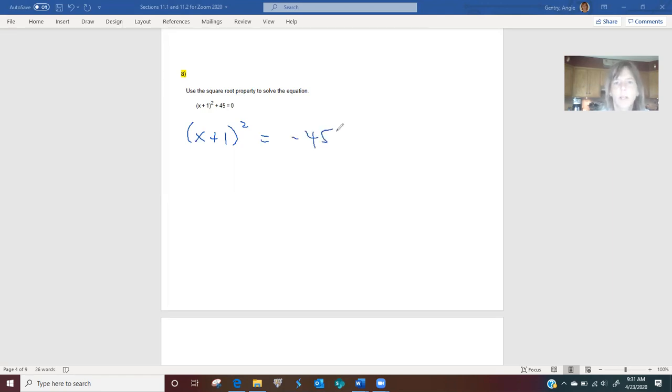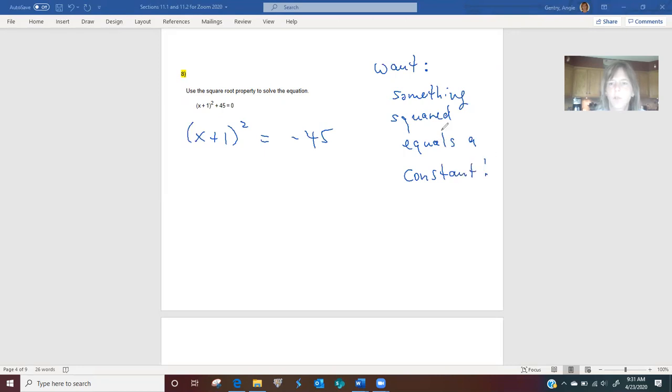That's your goal, okay? Something squared equals a constant. So this is what you want. I don't want you to always think as x squared. It's something squared. Whatever that something is, it could be a polynomial or whatever. Something squared equals a constant. That's what you want before you use that square root property.